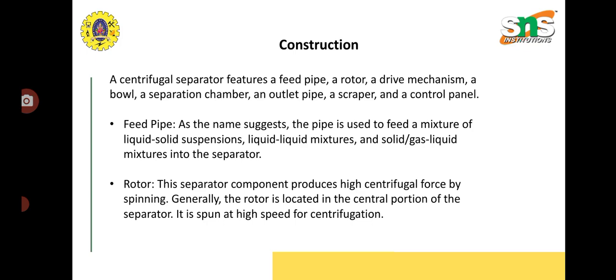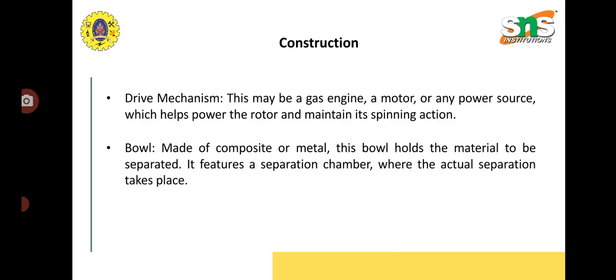And the rotor produces the high centrifugal force by means of the spinning action, and the rotor is located in the central portion of the separator, spinning at a high speed for centrifugation. The drive mechanism may be a gas engine, motor or any other power source which helps to run the rotor mechanism.